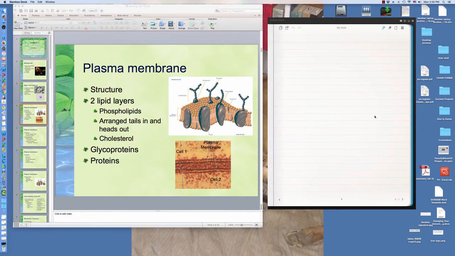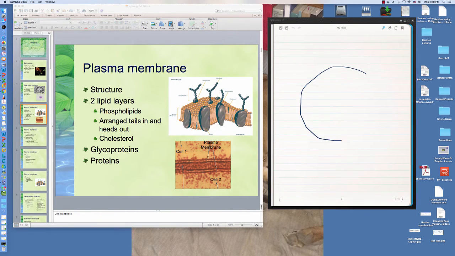So let's draw a bigger picture of that. So again, here's the cell membrane, and remember there's extra and intracellular fluid. And so if you have a phospholipid, so you have the phospho and the lipid arranged like this, that means the head, which is hydrophilic, is touching the extracellular fluid. But in this picture, we have the lipid portion touching the intracellular fluid, which will not work. And so you have another layer of phospholipid here.